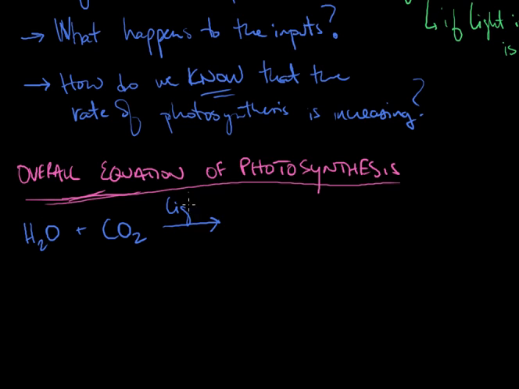But I'm going to put light over this arrow, in a different color, because light is not matter, it's energy, right? So it's not used in quite the same way. So water and carbon dioxide and light are what plants need, and what they actually put out through photosynthesis is glucose plus oxygen.